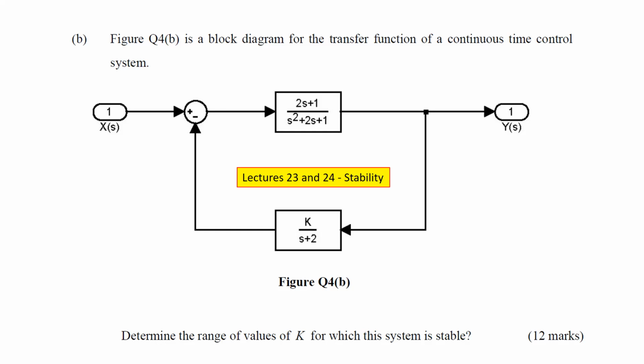The more general consideration you have to look at when you're doing things like control systems is the sort of problem you're seeing here up on the screen, where you have a feedback system. The main system has a transfer function of some form.